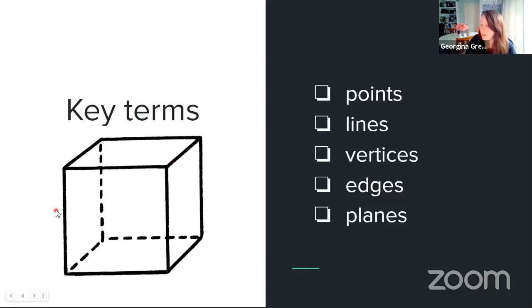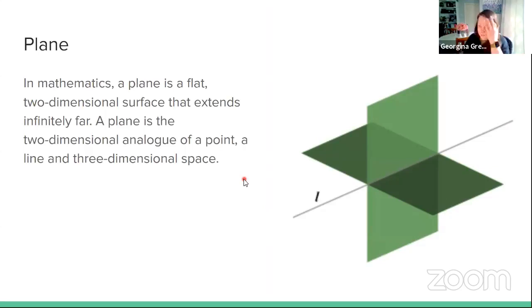Okay, and the planes is a little bit more confusing to define. So I've put that on a separate page there. So in maths, the definition is that a plane is a flat, two-dimensional surface, so like a sheet that could extend for an infinite distance.